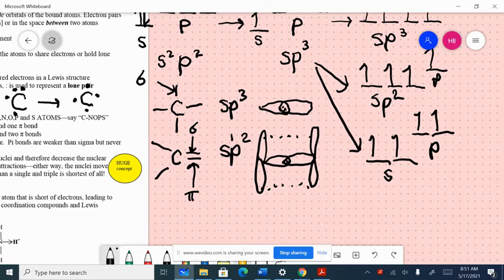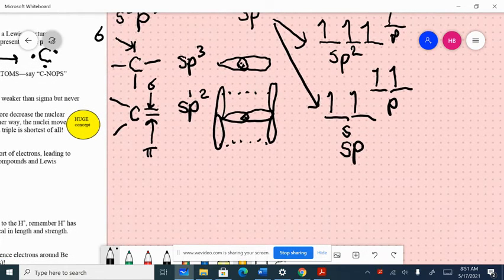So we will have one S and one P that hybridize, and this will be sp hybridization. Two of the electrons will stay as P to form pi bonds.